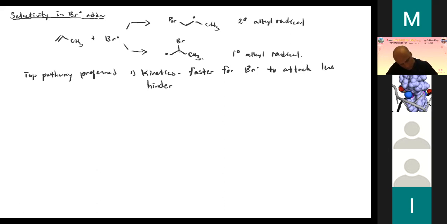Okay, so it's faster, it's easier for Br dot to attack the less hindered carbon.